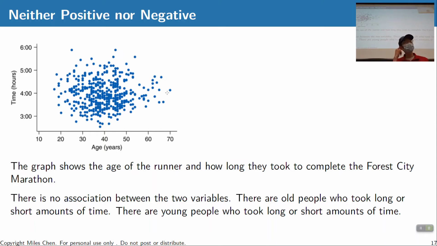There doesn't seem to be any trend where older people tended to take longer or less time, or younger people did. You had old people and young people participating, some who completed it quickly and some who took longer, and there's not a strong relationship. We can't say it is positive or negative here, so we would say neither positive nor negative.